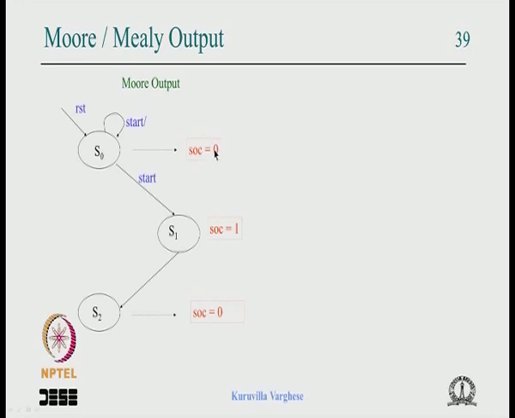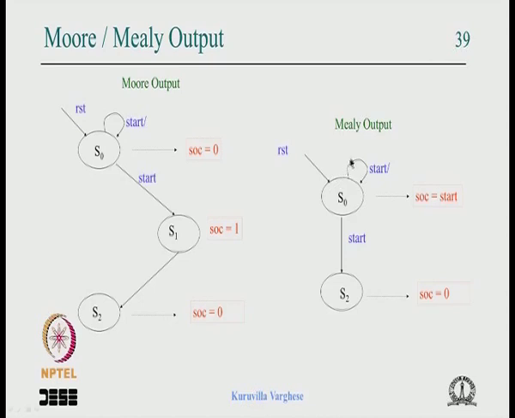So SOC is written as a function of start: SOC is 1 if start is 1, and when start is 1 we transit straight to the next state. That is what I am showing here. The Mealy output: upon reset it comes here, as long as start is low it remains there, and SOC is equal to start.